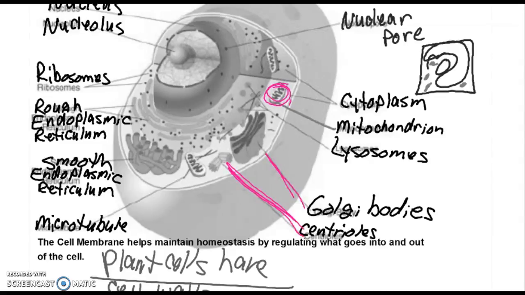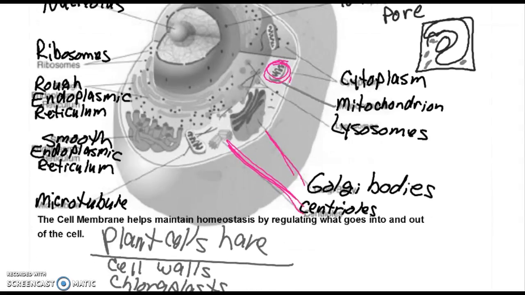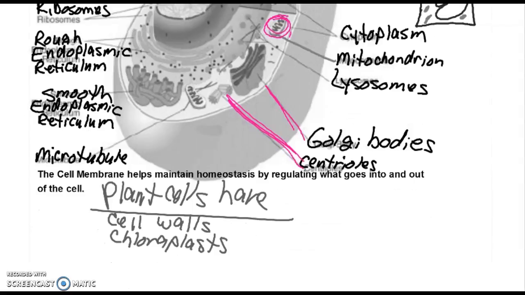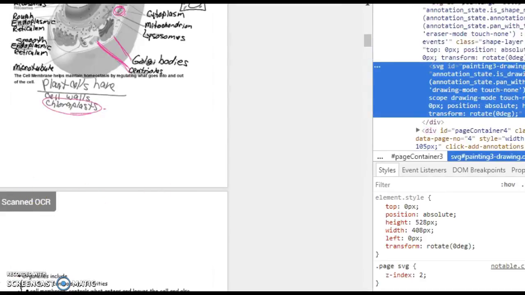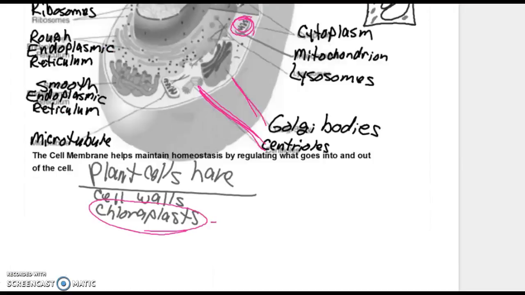The primary differences between plants and animal cells are, of course, plants are photosynthetic, so they have some very specific structures that are necessary in order for photosynthesis to occur. That's those chloroplasts. So plant cells have chloroplasts that contain chlorophyll.